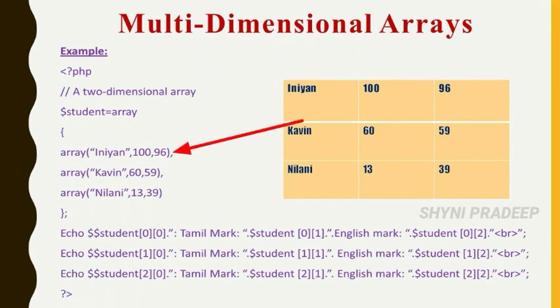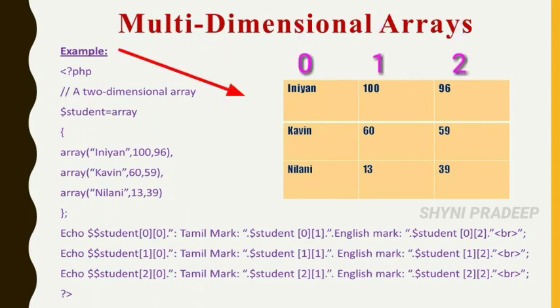Within the parentheses, array Indian 100 96, this is the first row, and next Kavin 60 59, this is the second row, and Nilani 13 39, this is the third row. See here, write the index values 0 1 2, here 0 1 2. This multi-dimensional array looks like rows and columns.